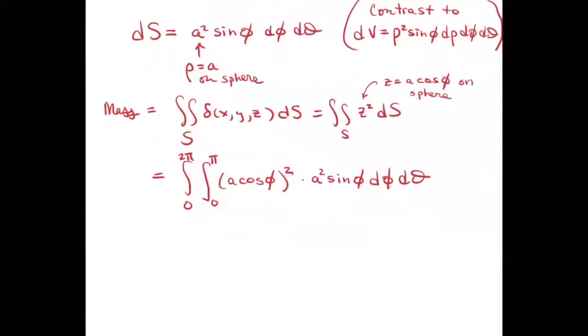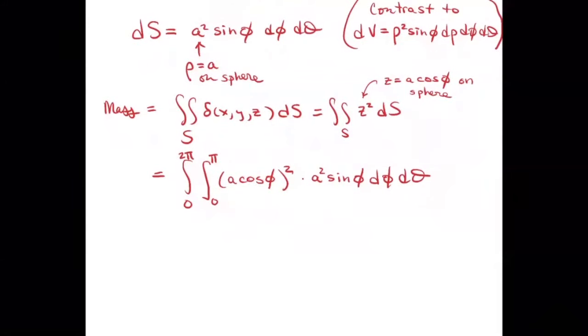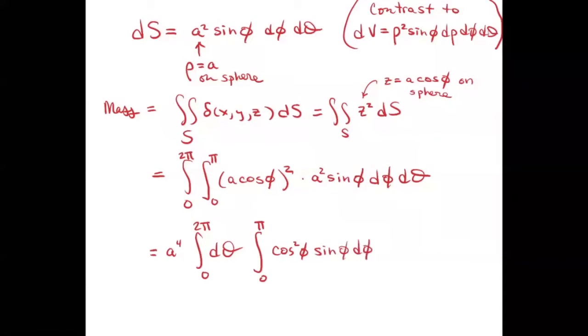I don't know. We can try and evaluate this real quick. It doesn't look too bad. So it looks like we're going to have an a to the fourth coming out. And here comes the integral. This is all in phi. So I could do one integral from 0 to 2 pi just on d theta, and then another integral from 0 to pi of just cos squared phi times sine phi d phi.